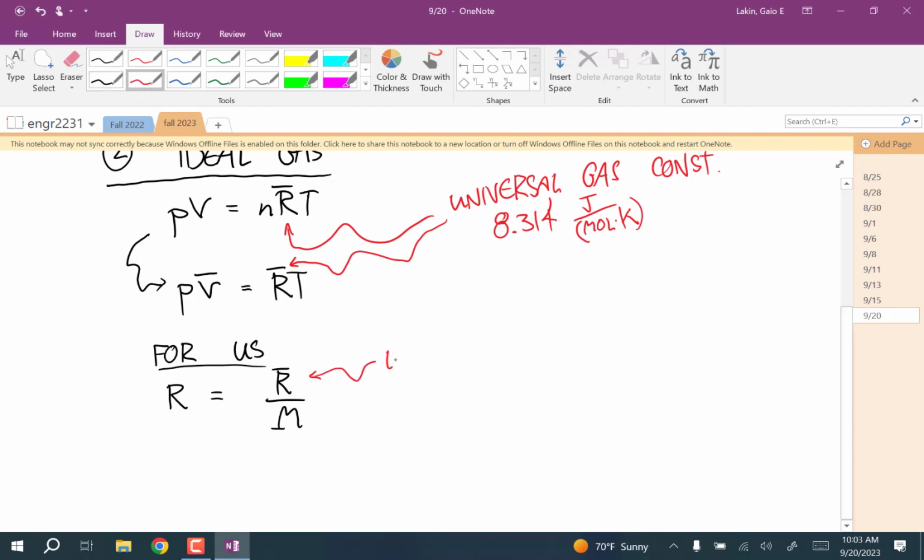This is the universal gas constant, and this is the mass per mole. You can get that from the periodic table, not in this room, though.